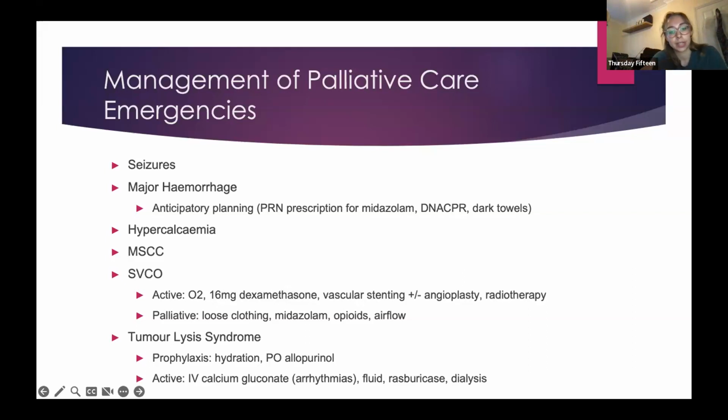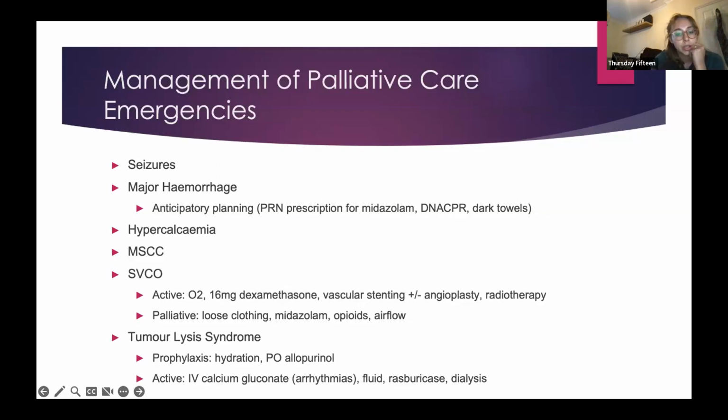If you're actively treating someone with superior vena cava obstruction, then you want to be giving them oxygen and 60 milligrams of dex, like you would with MSCC, and then they'd be considered for vascular stenting or angioplasty or radiotherapy. If you think that's not appropriate and this patient is palliative, then treating them symptomatically, so loose clothing, helping them with their breathlessness with midazolam and opioids, and encouraging airflow through the room can help.